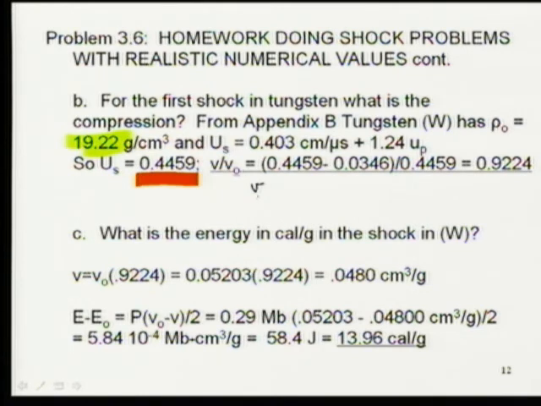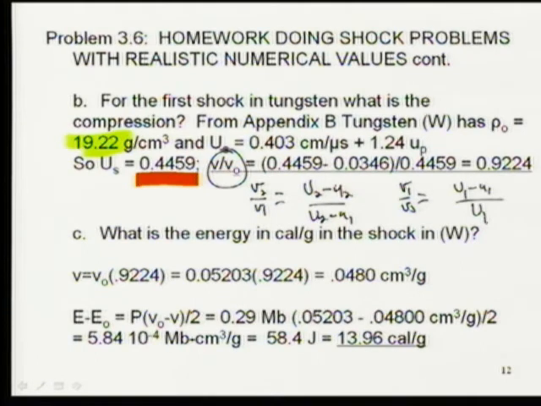You had V2 over V1 is equal to U2 minus U2 over U2 minus U1. Well, that isn't what I asked. I asked for V over V naught. But remember, V1 over V naught of a first shock is equal to U1 minus little u1 over U1.